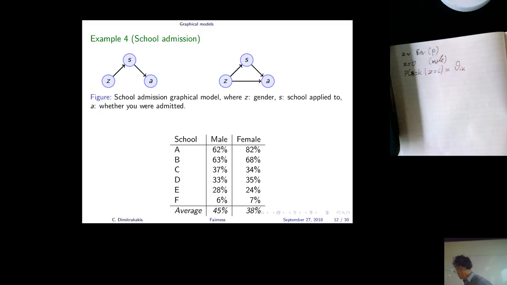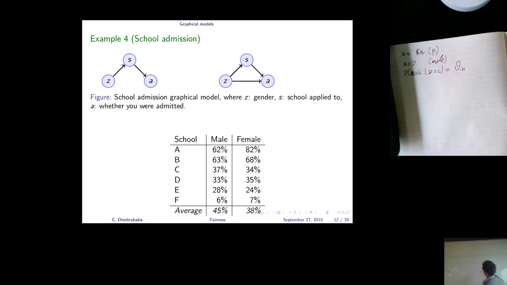Let's write it also on the board. So the probability that Z equals 1, let's call this one P. The probability that S is equal to K, with K possible values, given that Z takes the value I, let us call this theta ik.